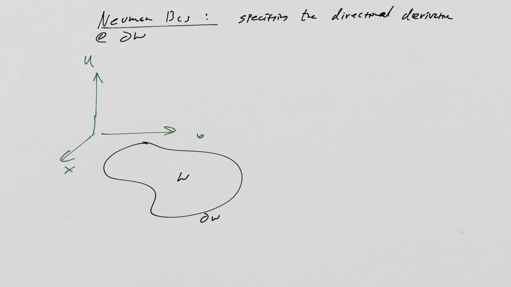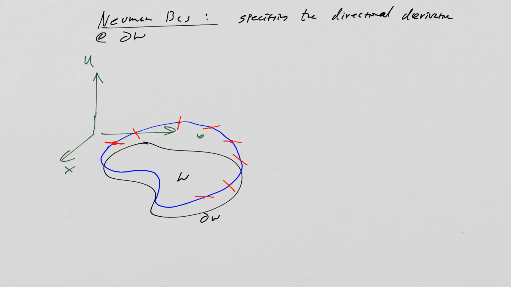But rather than setting the height, you're setting the slope of the surface. So you're saying that, now I don't know what the height is, but, and this is hard to draw, you're looking at every point and saying that the slope of the surface as it leaves the boundary, right as it crosses the boundary, is specified.